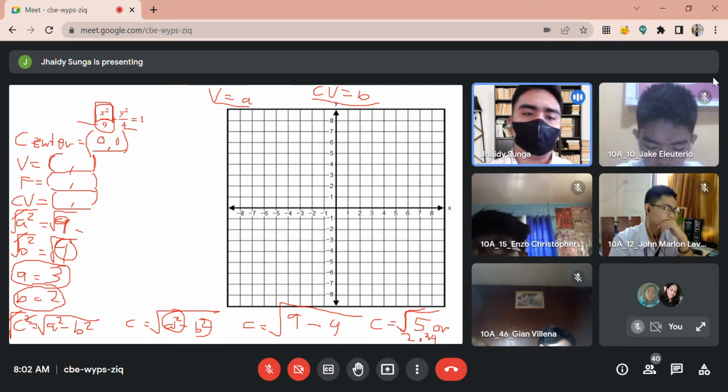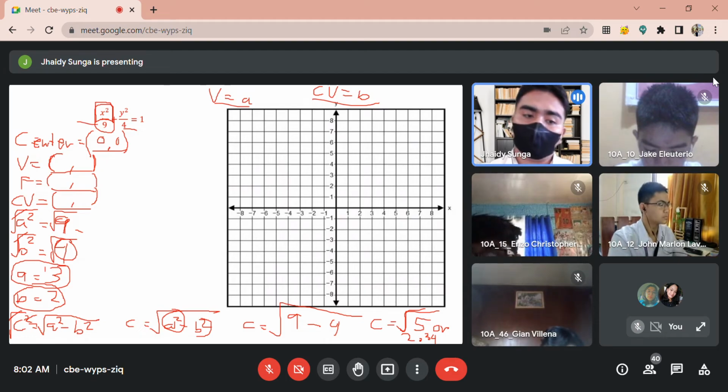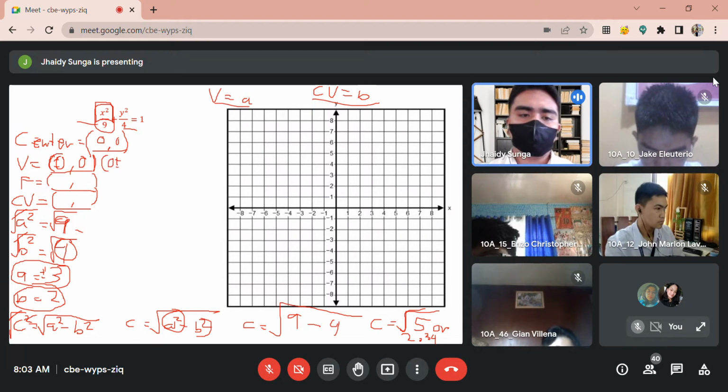So therefore, what's the value of A? It's positive and negative 3. We're going to add and subtract 3 to your center. Your center is 0, 0, isn't it? So let's put 0, 0. Then you are going to add and subtract 3 on your x-intercept, then put the y-intercept of the center.